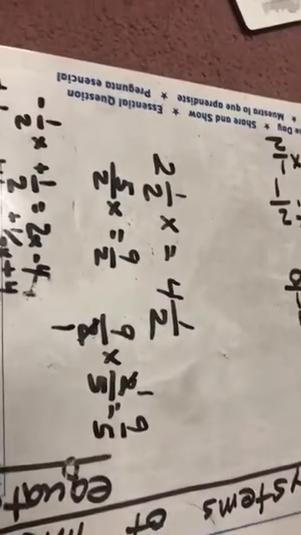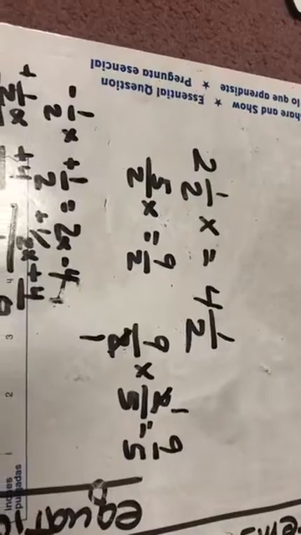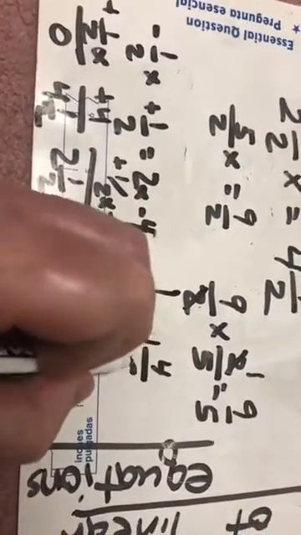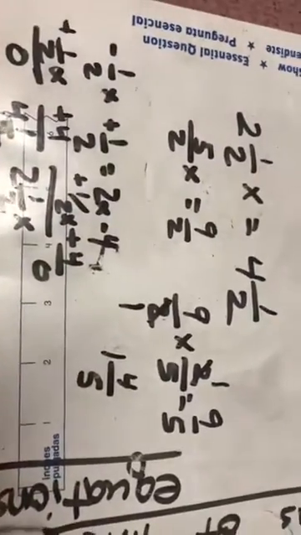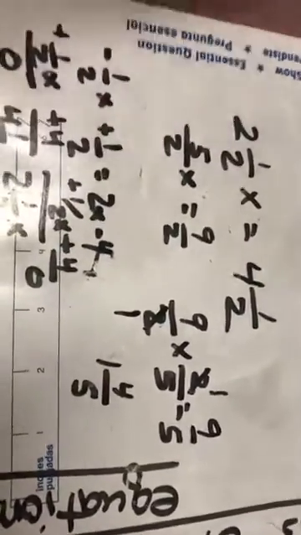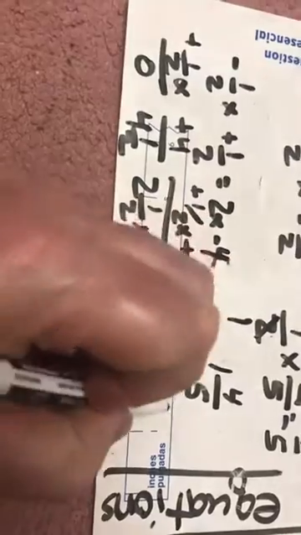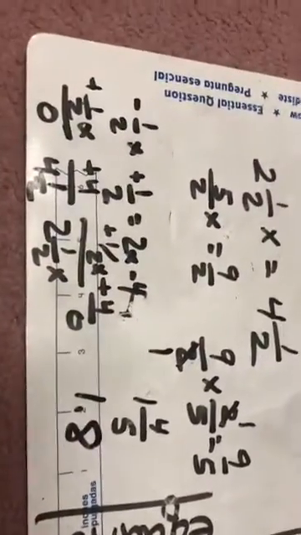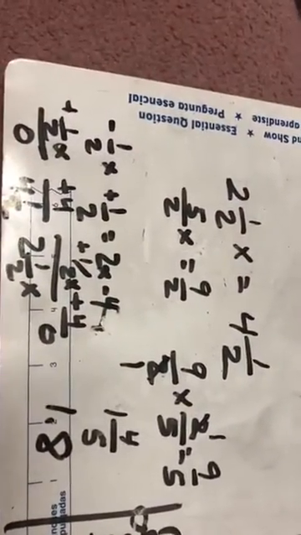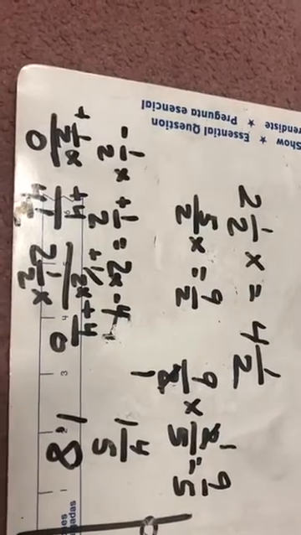I'm going to get 9 over 5. Depending on what you punch into your calculator, you could also get 1 and 4 over 5 by turning it into a mixed number. If your calculator is spitting out decimals, you could also very well end up with 1.8. All right, so x equals 1.8.